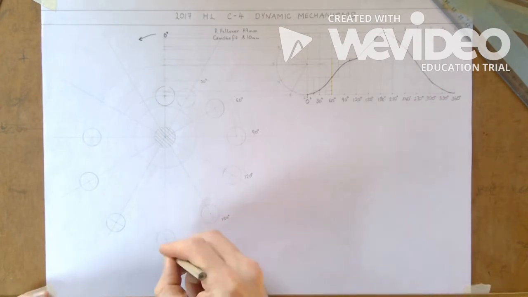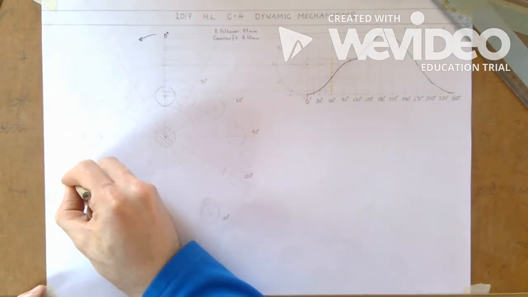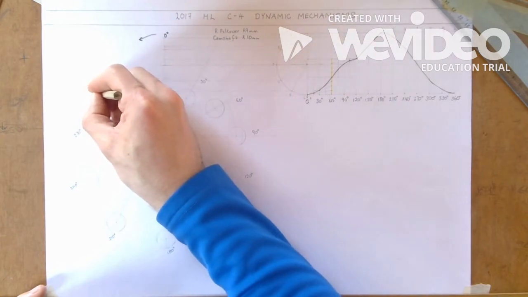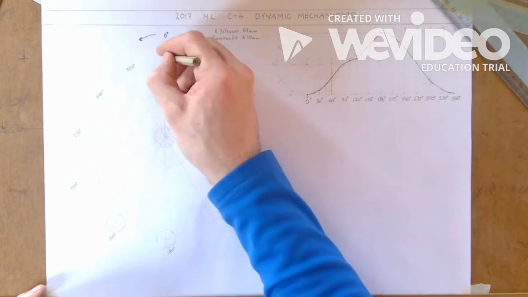So that's 150 degrees, 180 degrees, then we're on 210 degrees, 240 degrees, 270, 300, 330, and then back to 360.